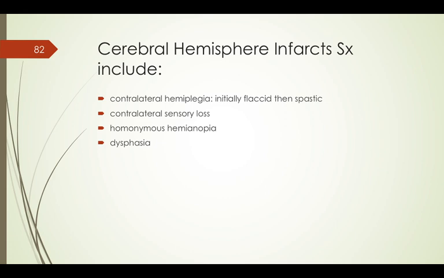So that may take the form of hemiplegia. So say for instance, that would more likely point towards an anterior cerebral artery stroke if it's the legs, or a middle cerebral artery stroke if it's the face and arms.